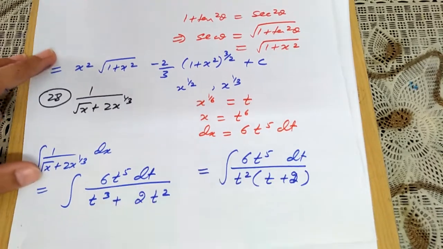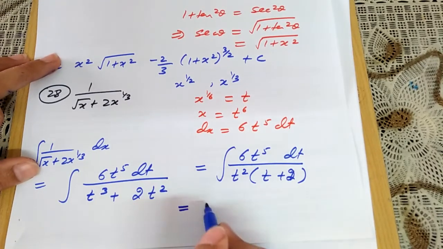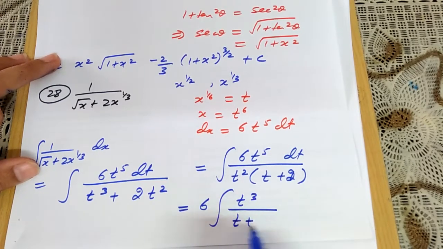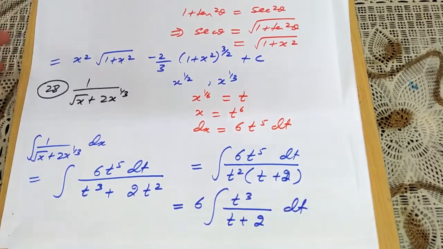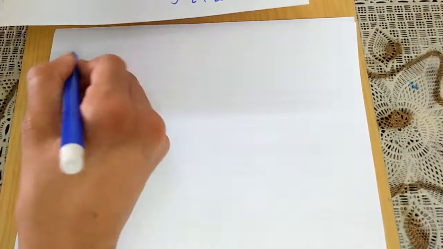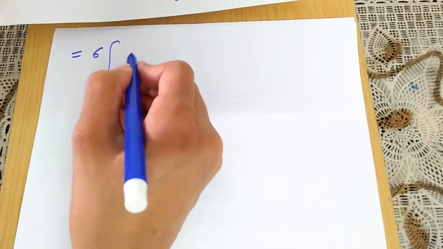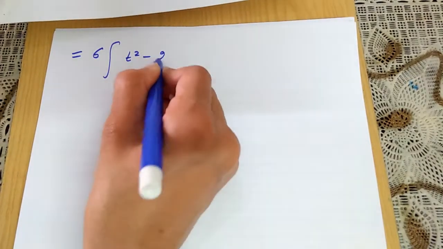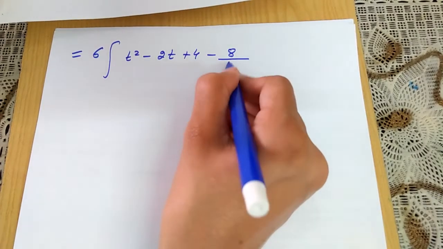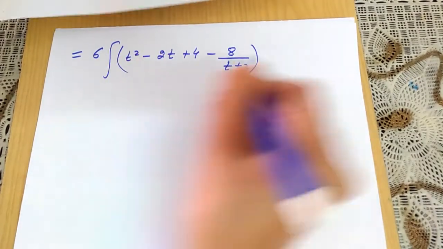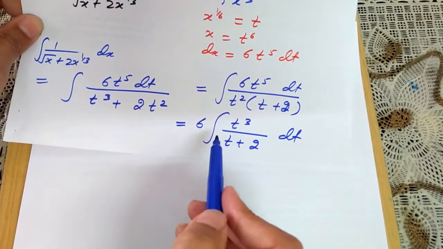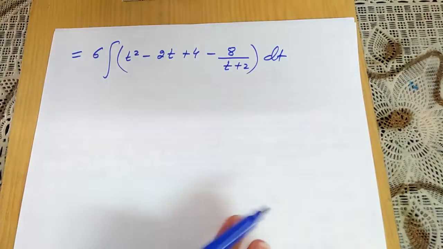This can be cancelled. So I will be left here with 6 taken outside, t cube over t plus 2 dt. Again I will just divide these terms. After dividing I will get here t square minus 2t plus 4 minus 8 over t plus 2 dt. Just divide it, and that division method is also explained to you in question number 26.